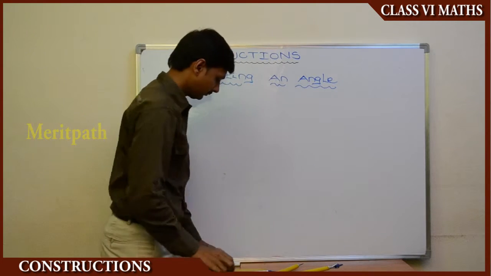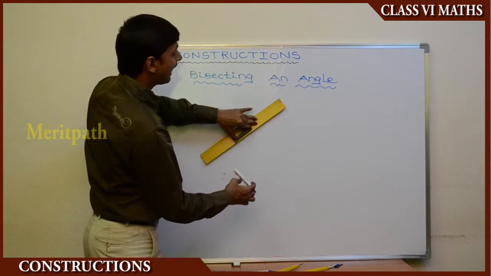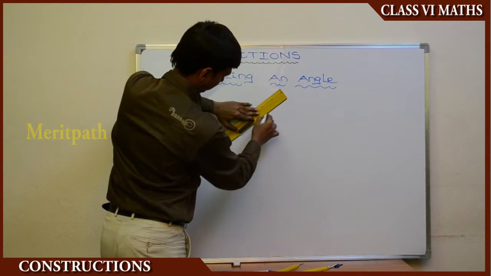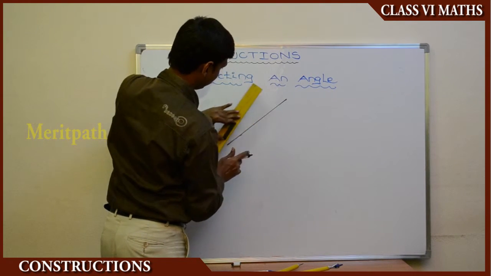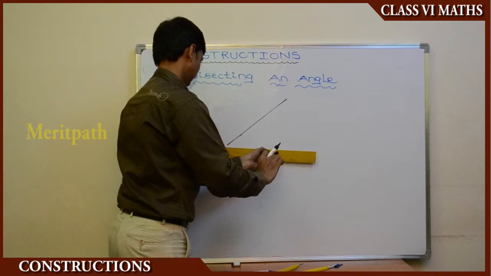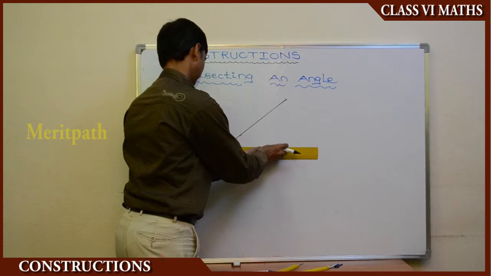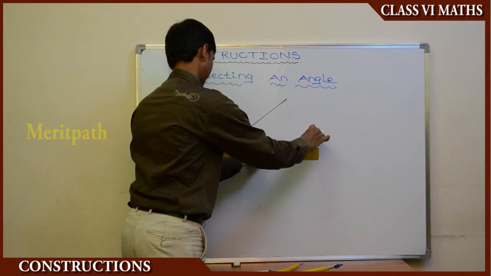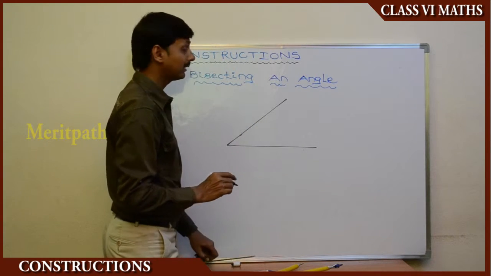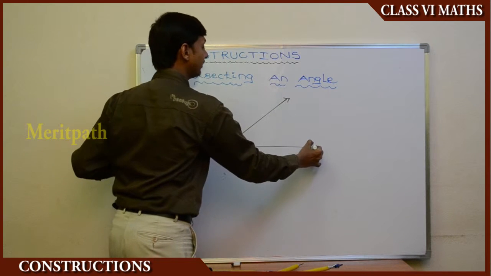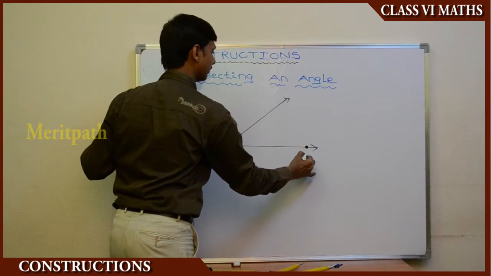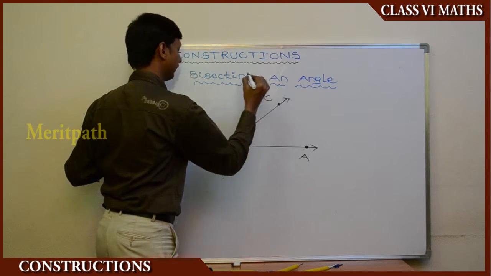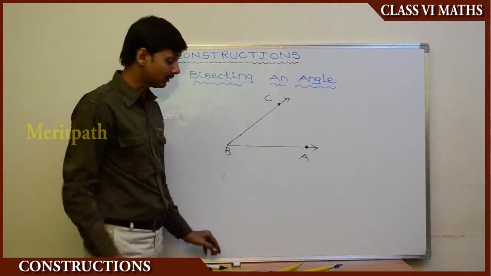So let us consider one of the angles. We have drawn an angle. Let's name it ABC. ABC is the given angle. So we need to bisect this angle.